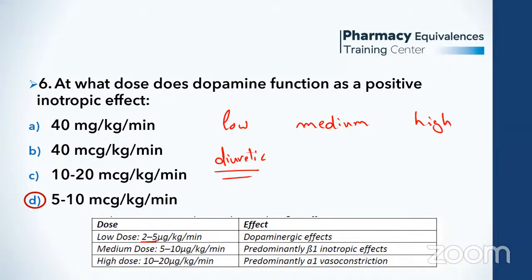It will act as a beta-1 agonist, so a positive inotropic effect. The higher dose, above 10 microgram per kg per minute, is a vasoconstrictor, leading to vasoconstriction.